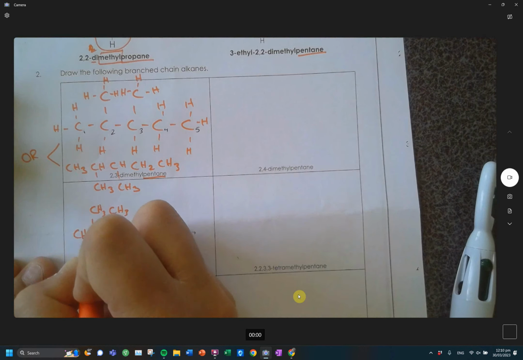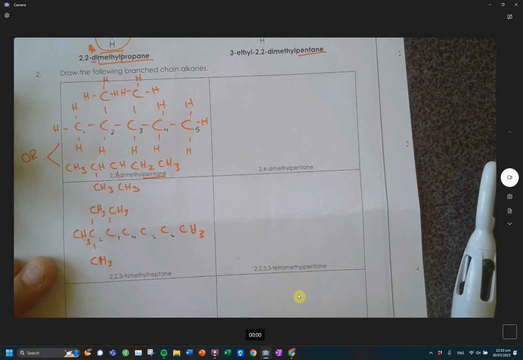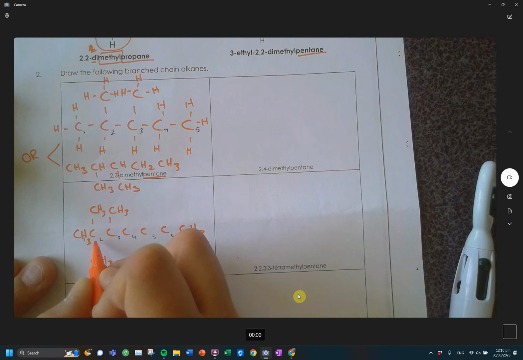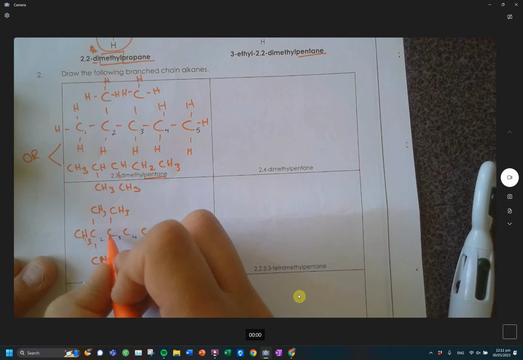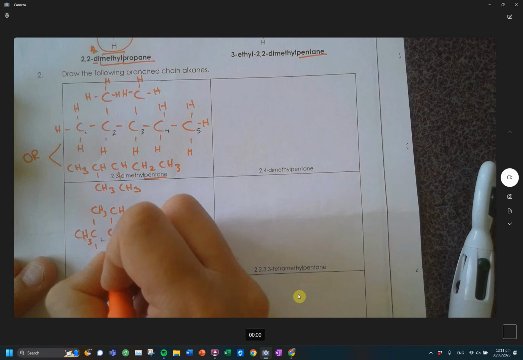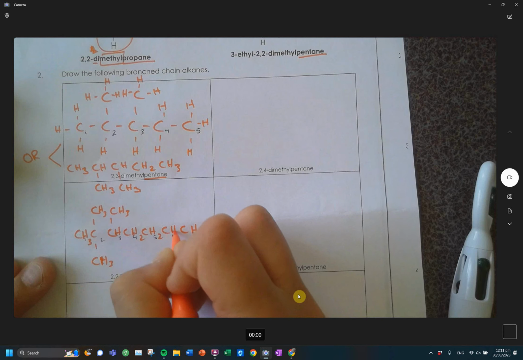Carbons on the end are CH3, and most carbons will have 2 hydrogens. Carbon number 2 is not going to have any hydrogens because it's already got 4 bonds. Carbon number 3 has 3 bonds, so it's only going to have the 1 hydrogen.